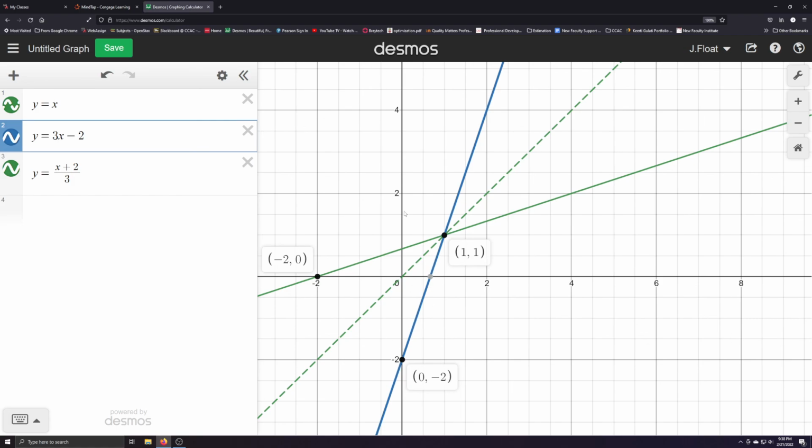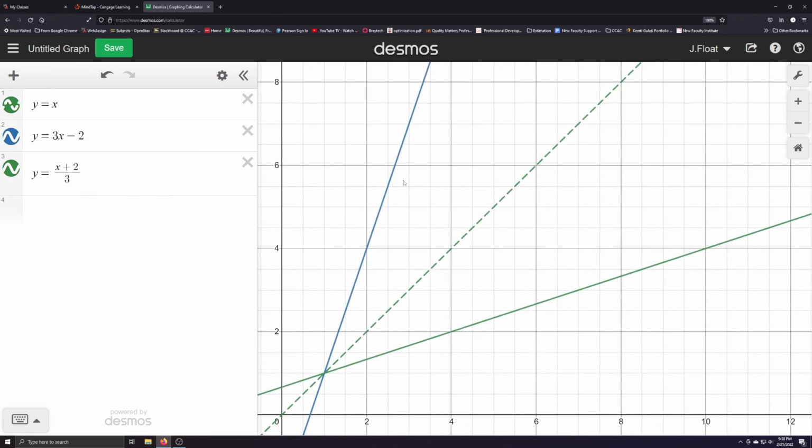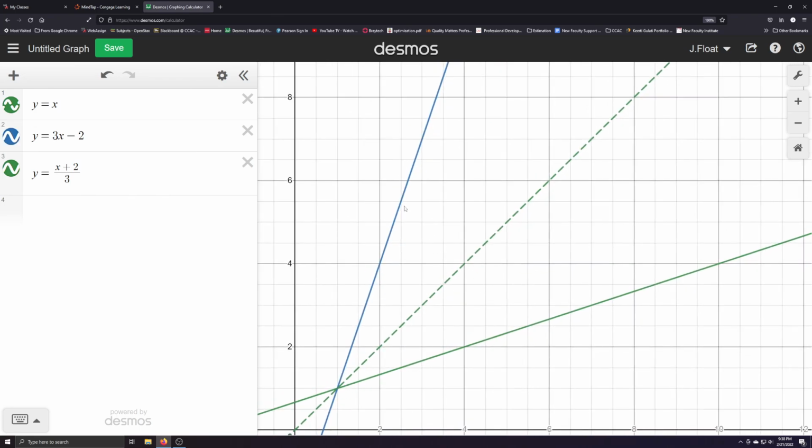Okay? So like I said, across this y equals x line, you're always going to have mirror images of each other. And you could see how these points interact. Like this point right here, 2.5 comma 5.5. And then if you look down here, 5.5 comma 2.5. So they're mirror images of each other.